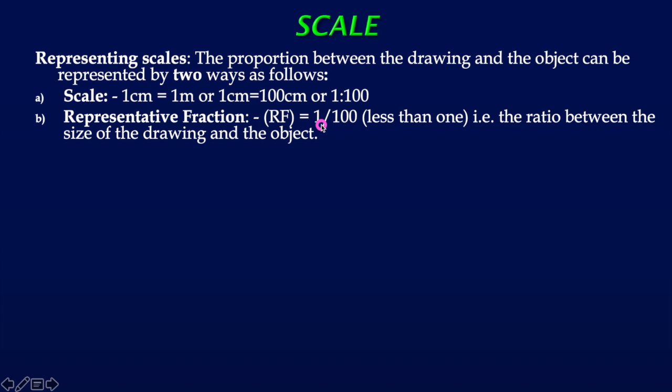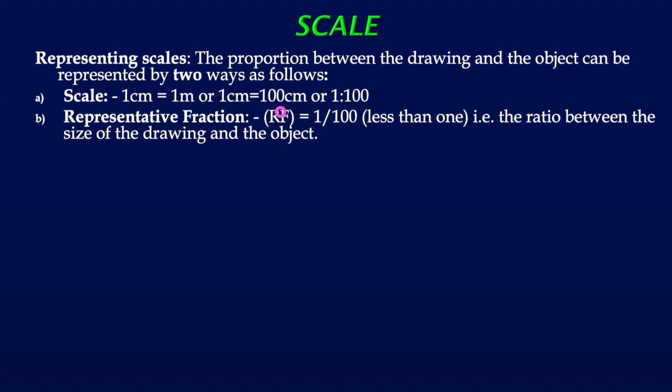Say 1 is to 100 or 1 by 100 indicates that 100 times reduction is there in the drawing. So this is the drawing length by actual length. Say it's a design of a building, then the length in the drawing is 1, whereas the actual length of the building is 100. So this is the ratio.